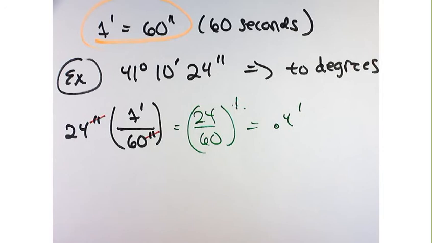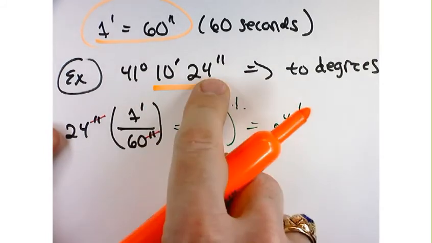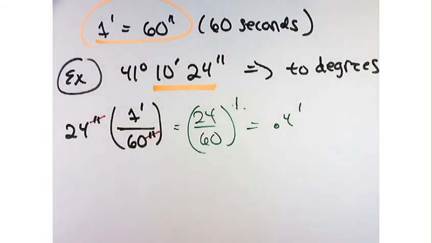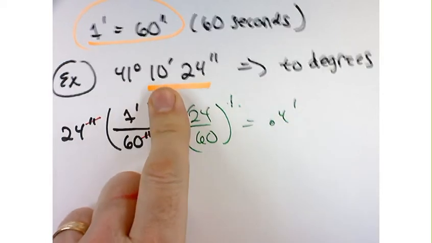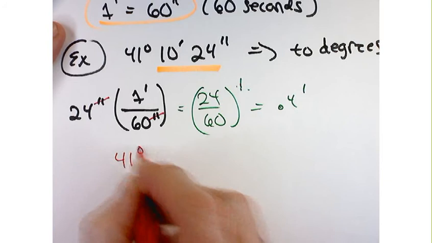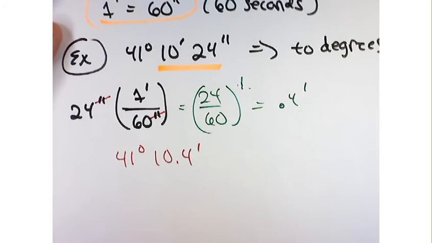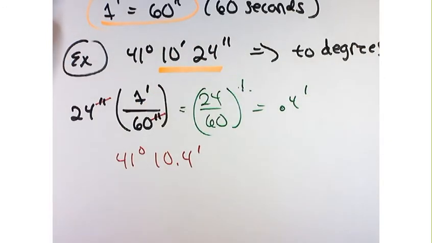Now, the nice thing about what we just did is I can combine these two now. Instead of saying 10 minutes, 24 seconds, I can regard that as 41 degrees and 10.4 minutes. So I got rid of my units of seconds here.